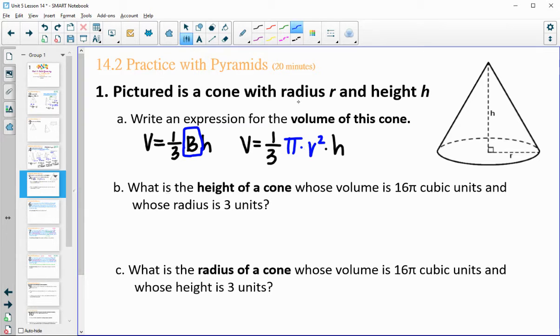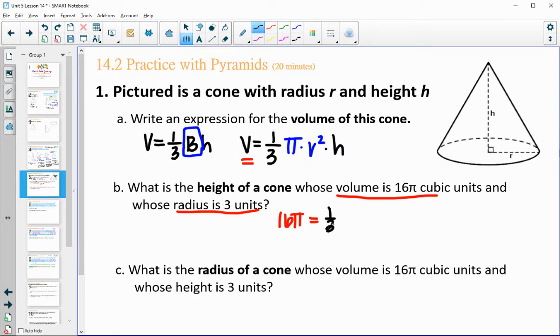So if we know that the volume of this cone is 16 pi cubic units, and the radius is 3, what would the height be? So we can go ahead and plug in what we know into the formula. We know that the volume is 16 pi, so we'll plug that in. And then we know that the radius is 3.